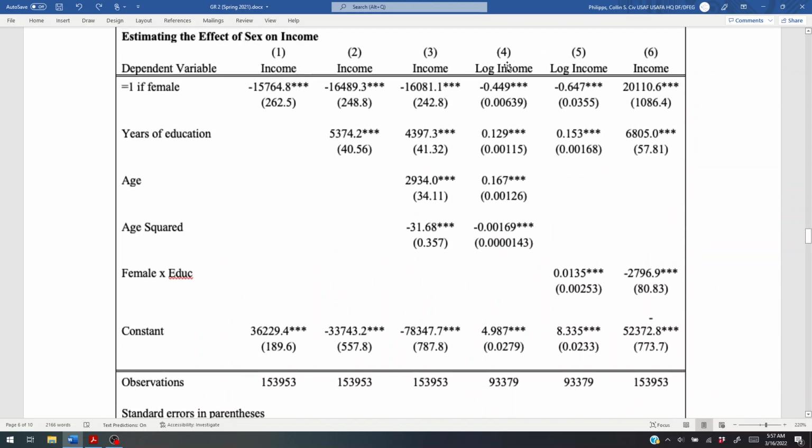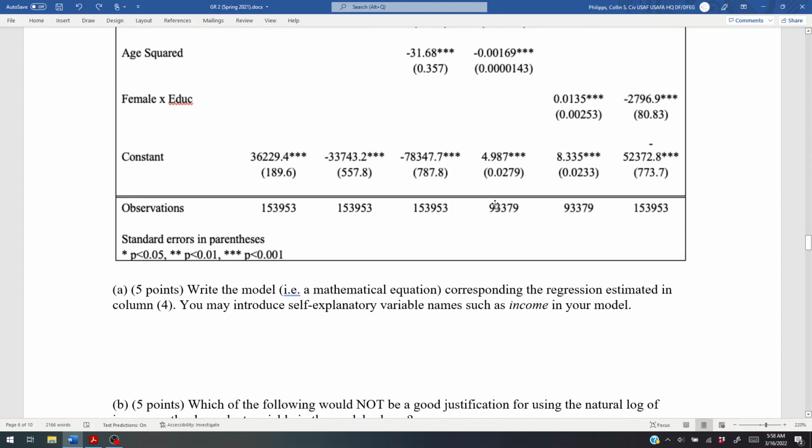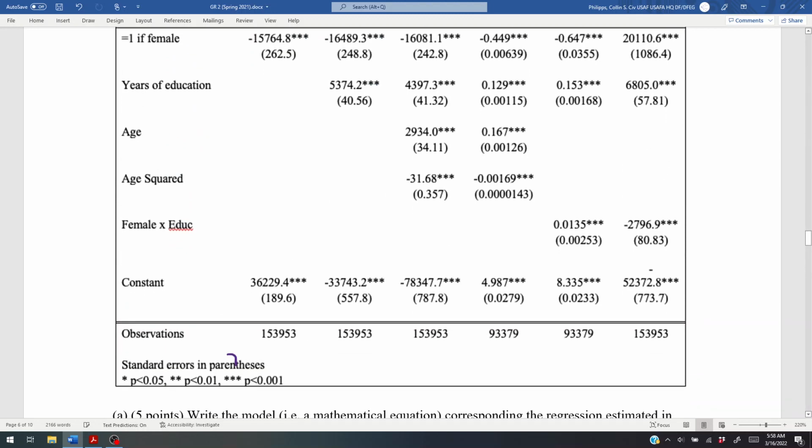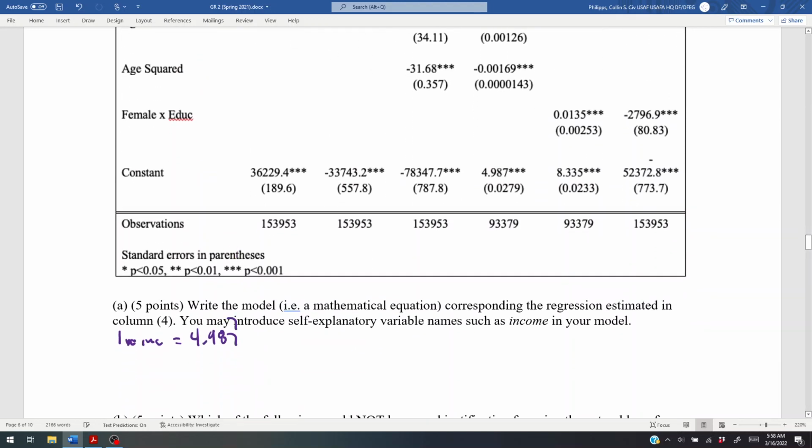Well, column 4 is log income. This is equal to 4.987. ln inc equal to 4.987 minus 0.449 female. That's self-explanatory, right?